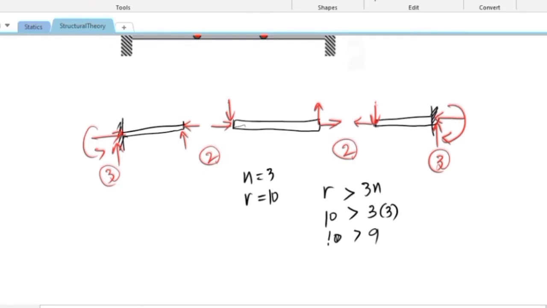So, meaning this is statically indeterminate. 10 minus 9, so that's 1, to the first degree.